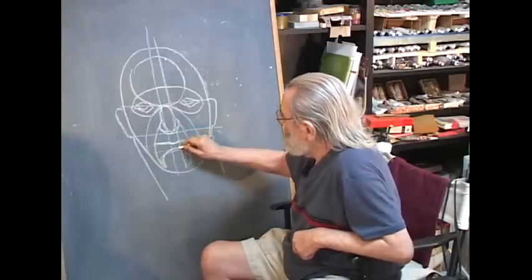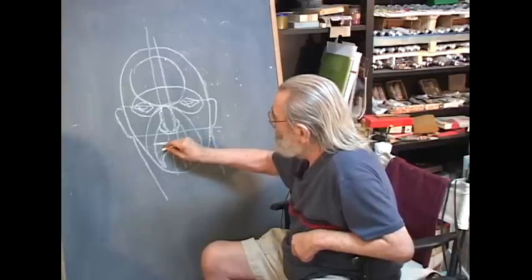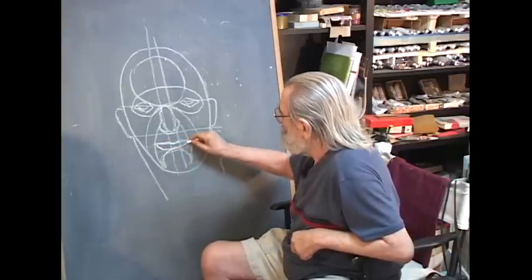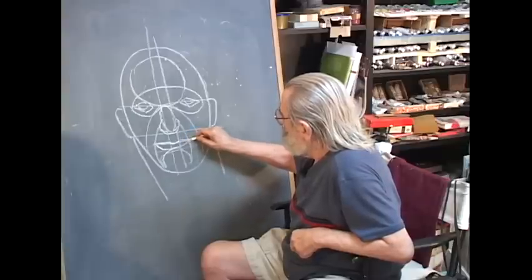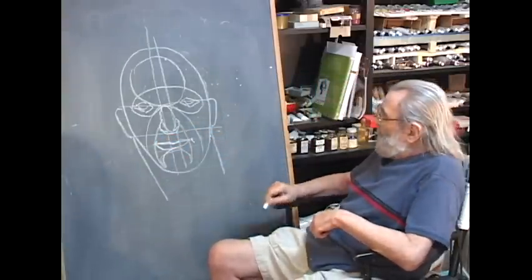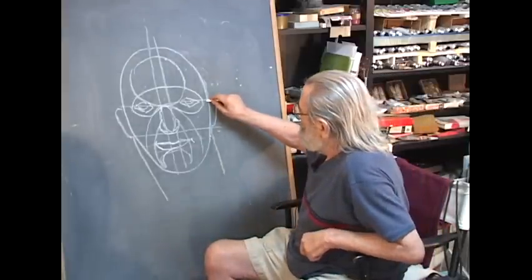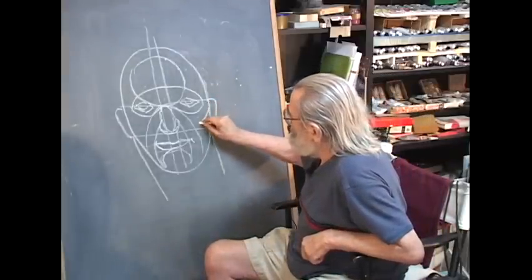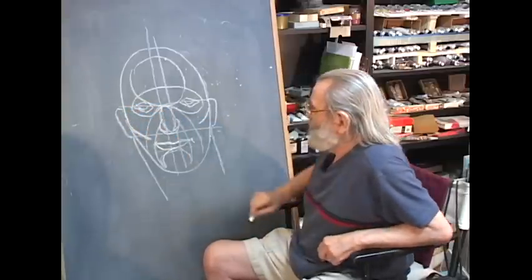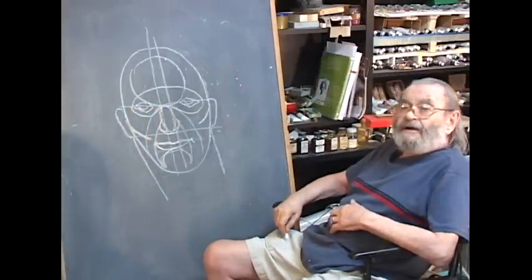The bottom lip goes in the direction of the upper lip, but not to the end. Okay. And then there's a little fold here. So roughly, oh yes, and we have cheekbones which go in the direction of the nose and disappear. Those are the general areas of that.